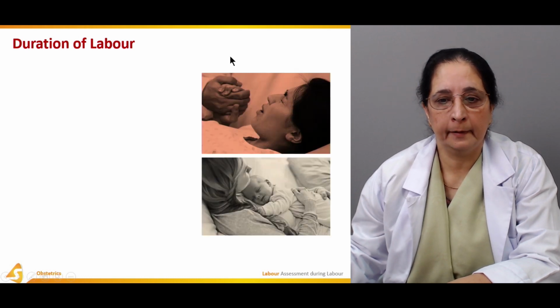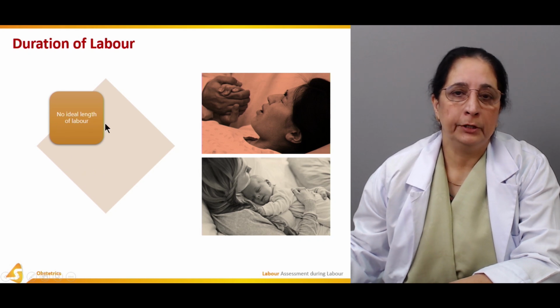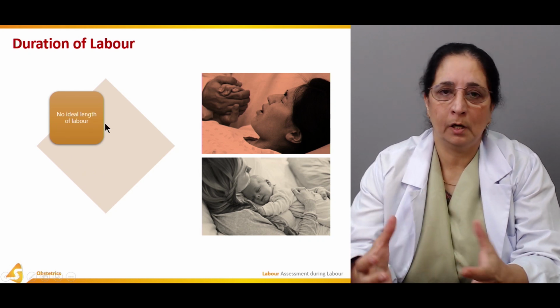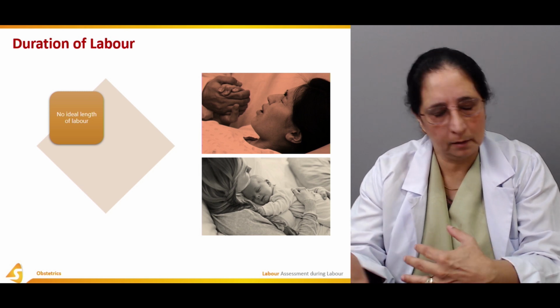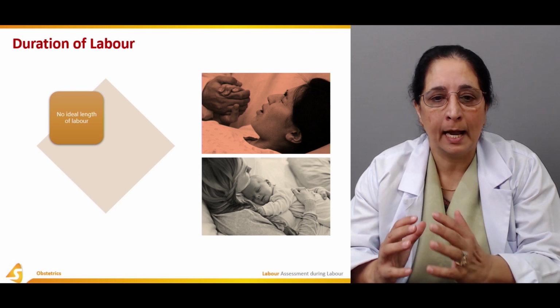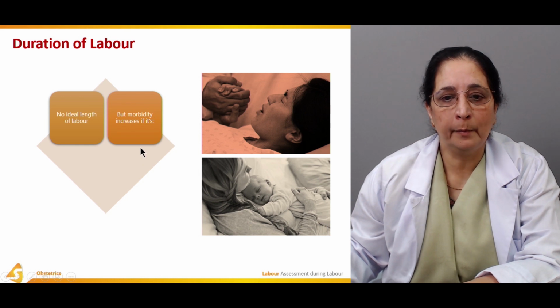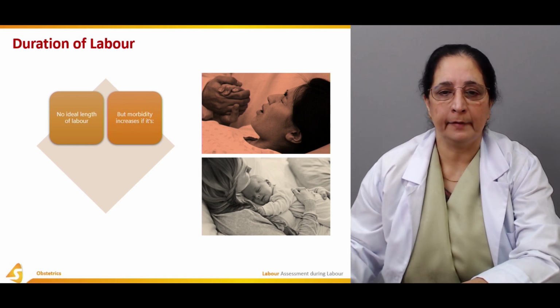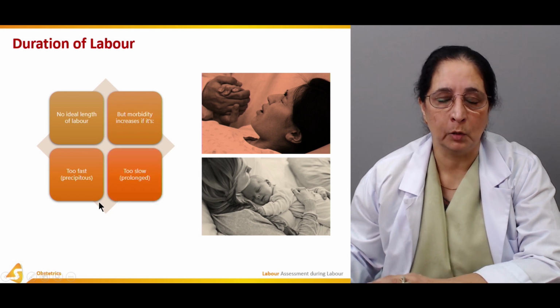Duration of labor. No ideal length of the labor. So there is no hard rule that the labor should be 2 hours, 3 hours, 4 hours. It depends. No ideal length of the labor is present. But morbidity increases if it's too fast or too slow.